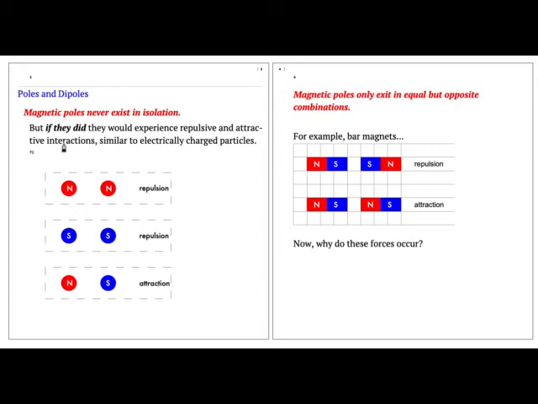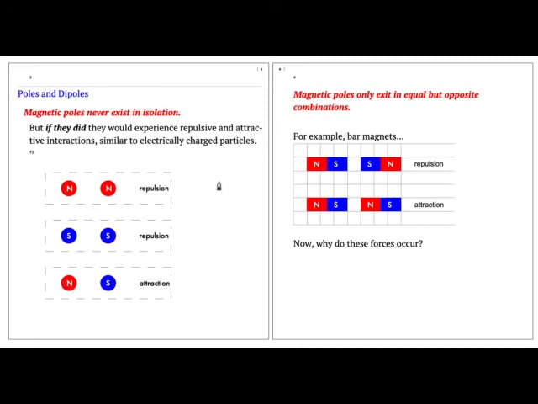If you could create an isolated north pole or 2 isolated north poles, they would repel each other. There'd be a repulsion, or 2 south poles. But if you could isolate a north pole and a south pole, they would attract each other.